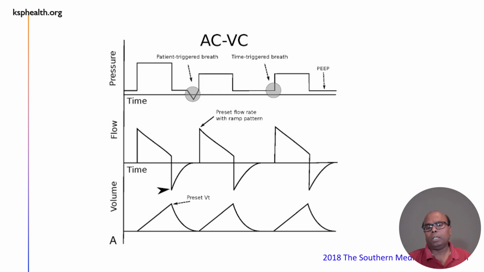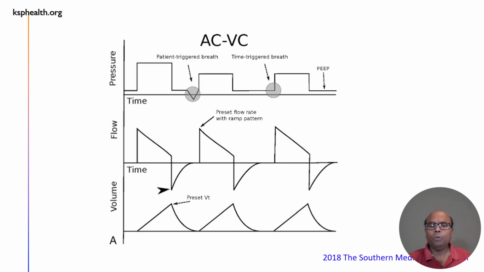When the patient cannot trigger, you have a backup rate. After a certain number of seconds, depending on the respiratory rate you set, it could be 2 seconds or 3 seconds or 5 seconds, the ventilator triggers the breath. As you can see, the preset volume is delivered in both situations.